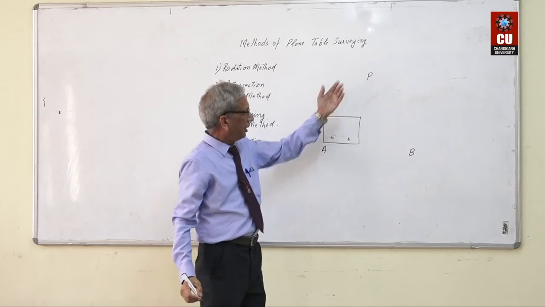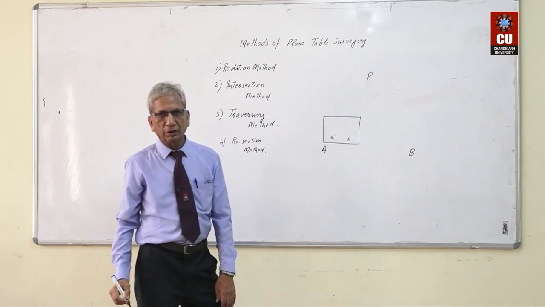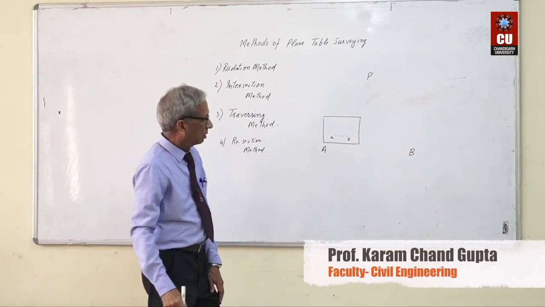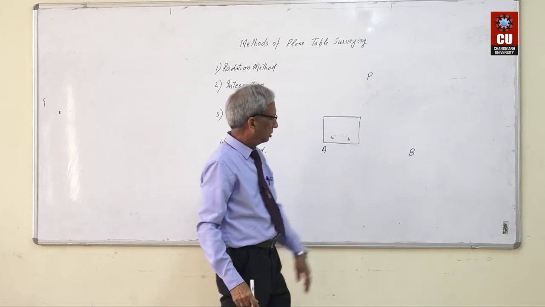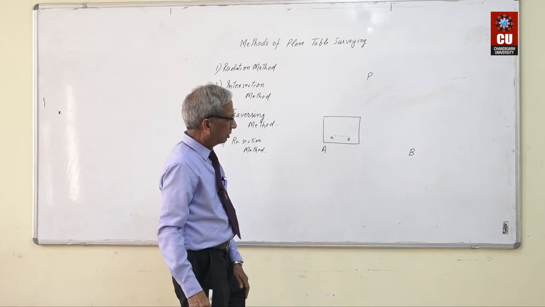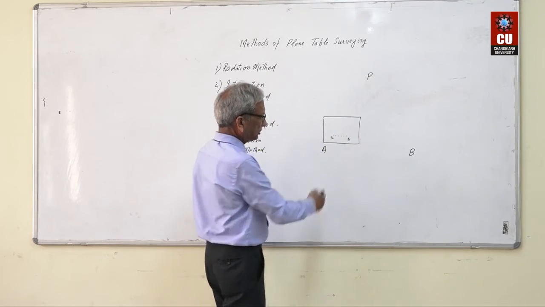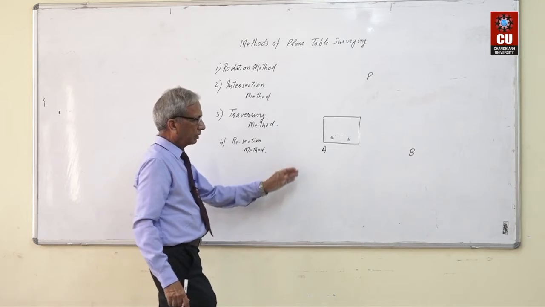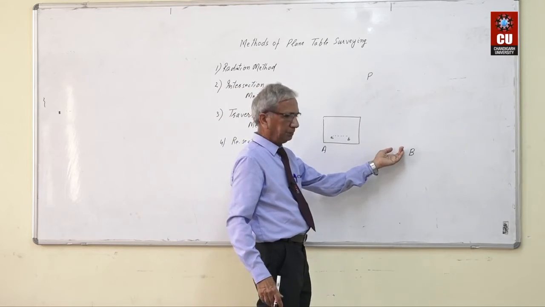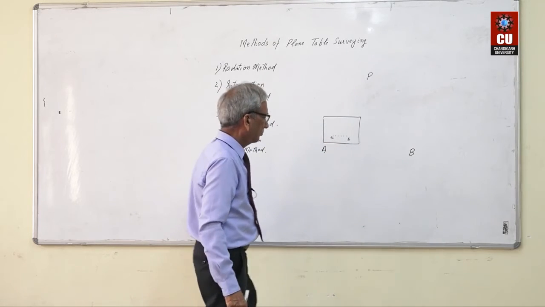The location of point P is not there on the drawing sheet. This point B is inaccessible. We will place the table at point A, orient the table by backsighting with the help of point B.